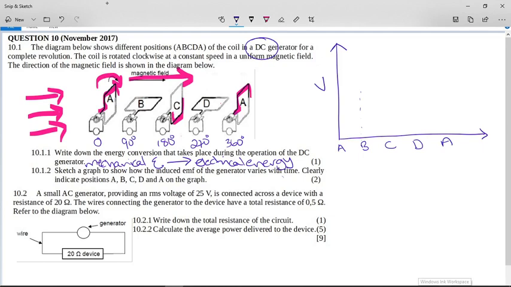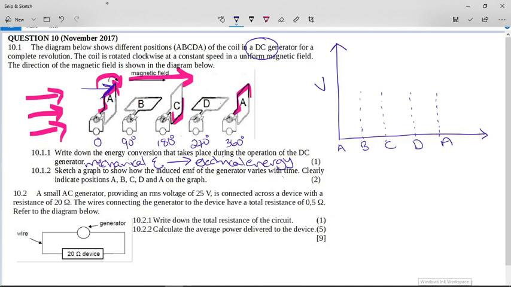Okay, so what does Faraday's law of electromagnetic induction talk about? It talks about the flux linkage. And how can we increase flux linkage? We increase flux linkage when the coil cuts through more magnetic field lines. But as you can see in position A over here, the field line is actually parallel to the coil.